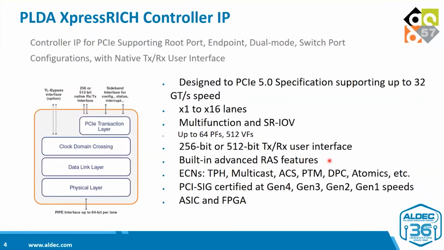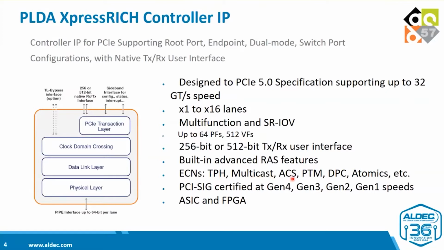XpressRICH IP is the one that we take to the PCIe workshops, and it was PCIe certified for Gen 4 speed in August 2019. We support many of the ECNs apart from the PCIe base spec, which are useful for different kinds of applications, like TPH, TLP processing hints, which optimizes memory bandwidth; multicast; PASID, process address space ID; and ACS, access control services, which controls which devices are allowed to communicate, as part of ATS.